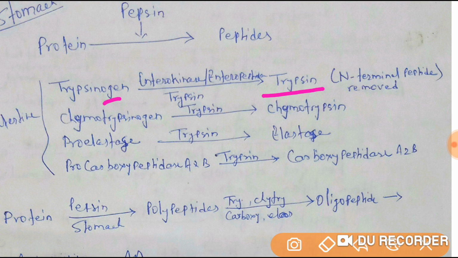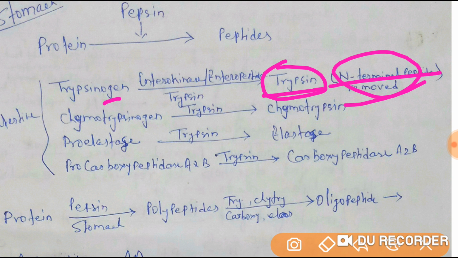Here the N-terminal peptide is removed. You have to remember N-terminal peptides are removed from trypsinogen to become trypsin, the active form. And this is the main enzyme for the activation of chymotrypsinogen, proelastase and procarboxypeptidase, converting them to their respective active forms.